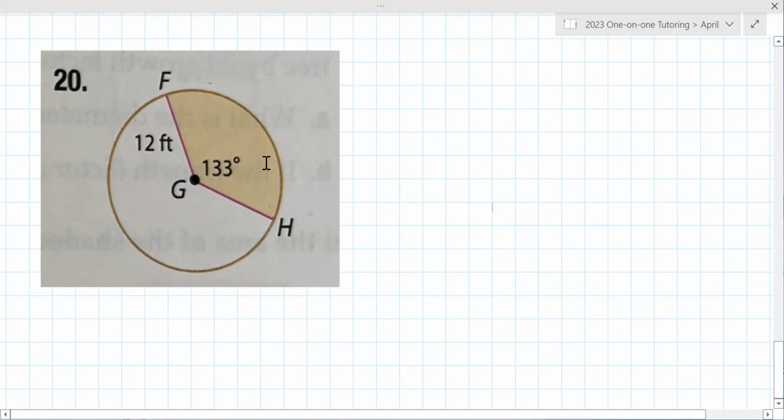Yes, I would agree. All right, so this one, the area of the sector is the angle 133 out of 360, pi, radius is 12 squared. Now, I substitute numbers in parentheses when I show it. You can add parentheses here with your calculator, but you don't have to.